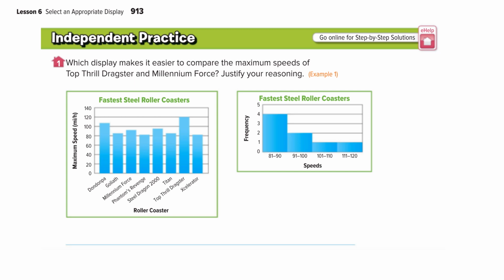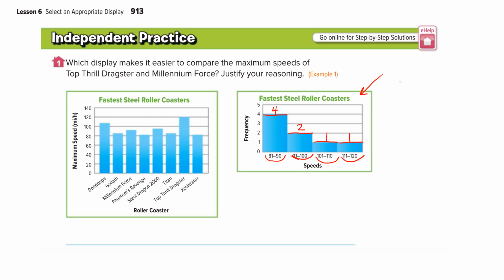So I'm going to take a look at the histogram graph. All we know here is that 4 roller coasters are between 81 and 90 miles per hour, and 2 roller coasters are between 91 and 100, and 1 roller coaster is between 101 and 110, and then another is between 111 and 120.